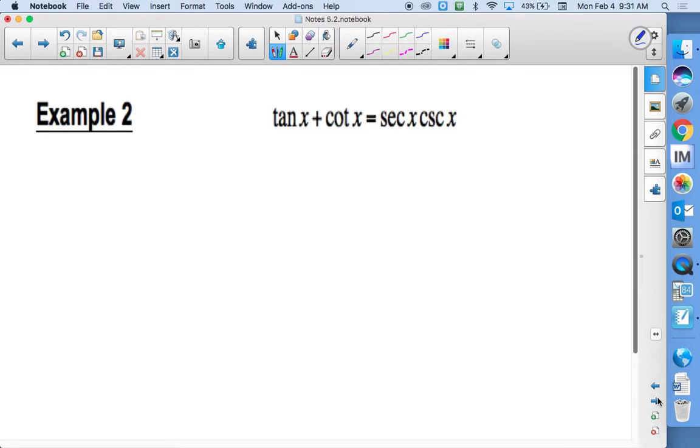Well, I see that cotangent is, I guess, the reciprocal of tangent. Okay. So he said the cotangent could be the reciprocal of the tangent. So we could make that tan plus 1 over tan.